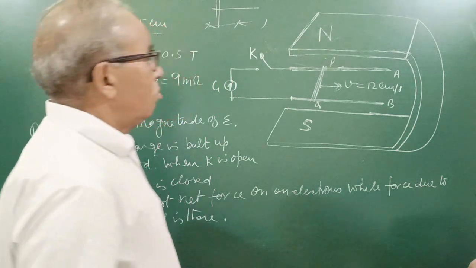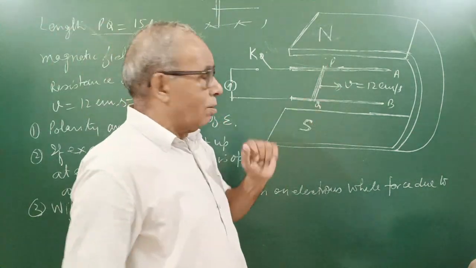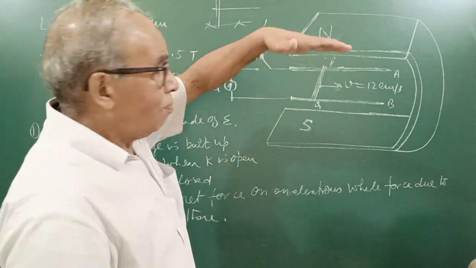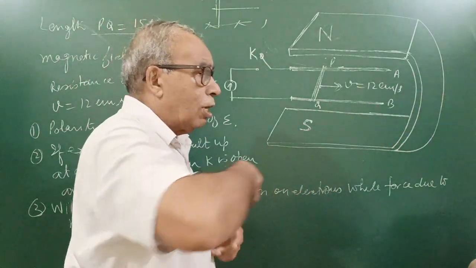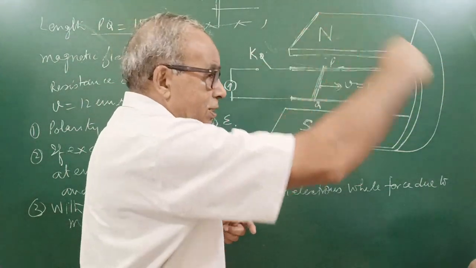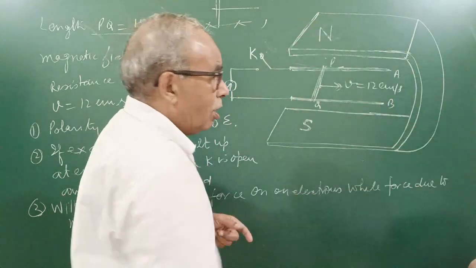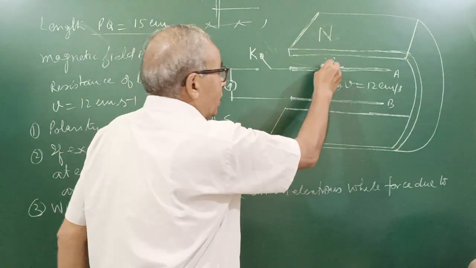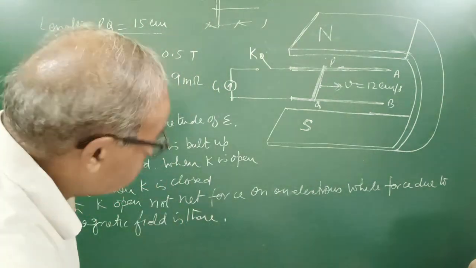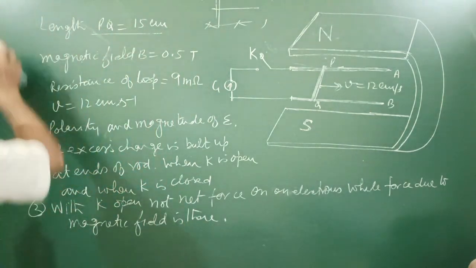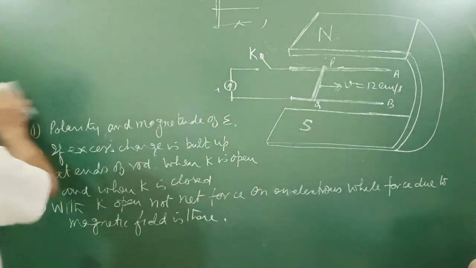Polarity means which end will be at higher potential and which will be at lower potential. The field is vertical, the rod is moving this way, electrons are going this way, V cross B. The positive charge will experience force from Q to P. Actually remember, different authors have created a lot of confusion.